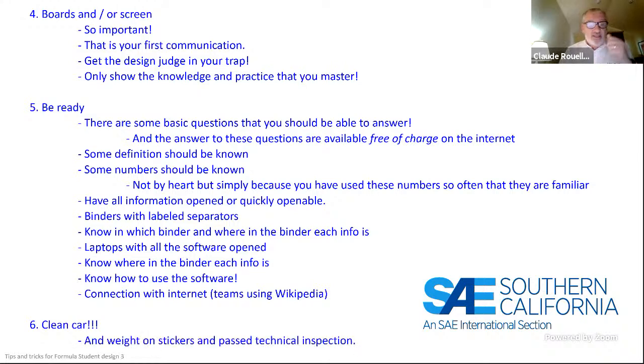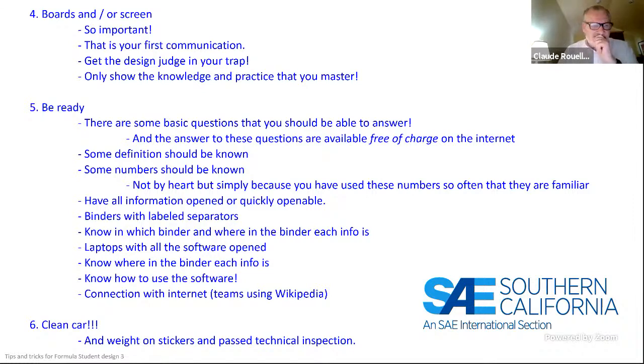The other thing is that it's good that you have weighed your car and passed technical inspection. Sometimes teams who didn't have the chance to go to weight, I asked them to come back and bring me not the whole car, but at least the nose with the stickers, so that I have a number there. Speaking about weight, that was not in the list.